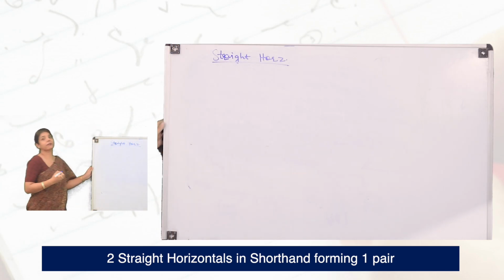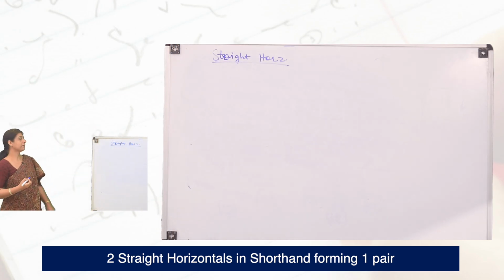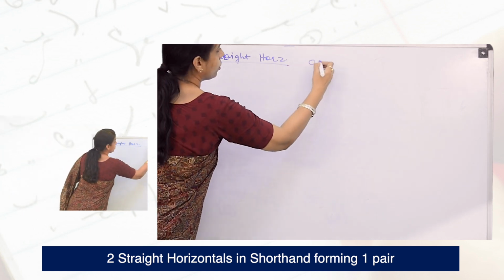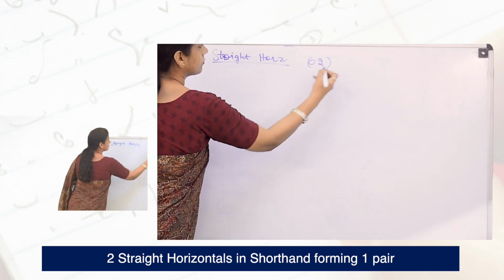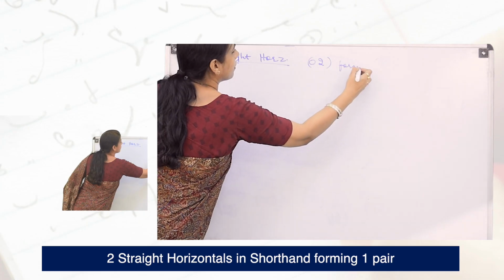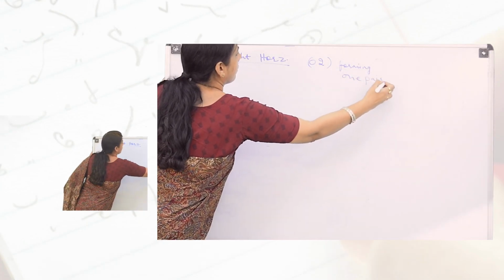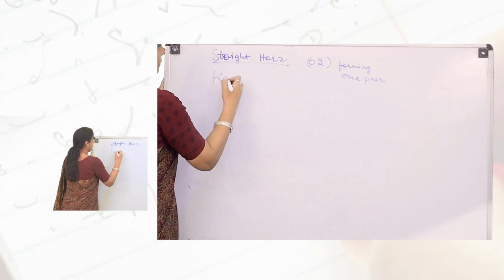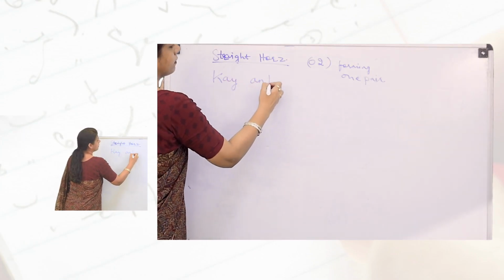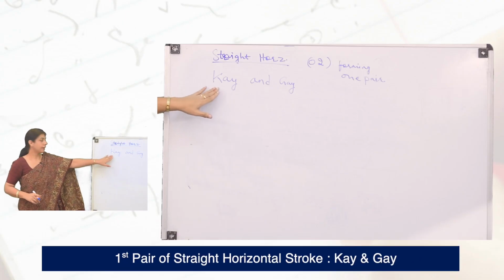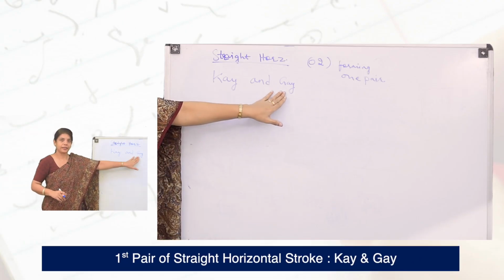Just now in the categorization, we have learnt that we have 2 straight horizontals, total 2, forming one pair. And the names are K and Gay.